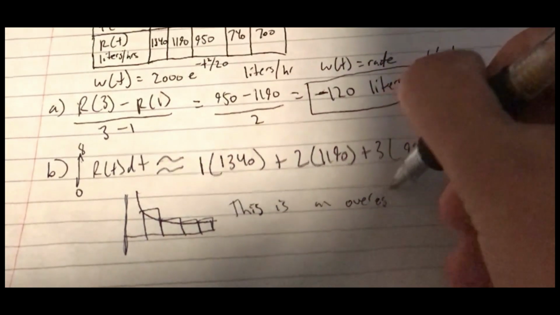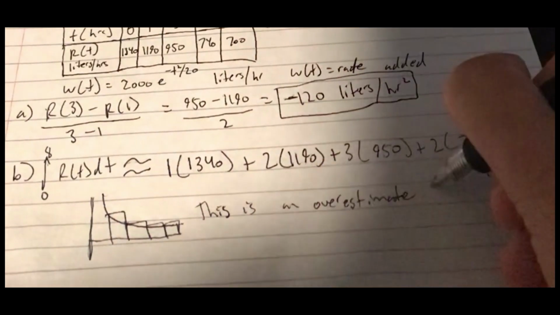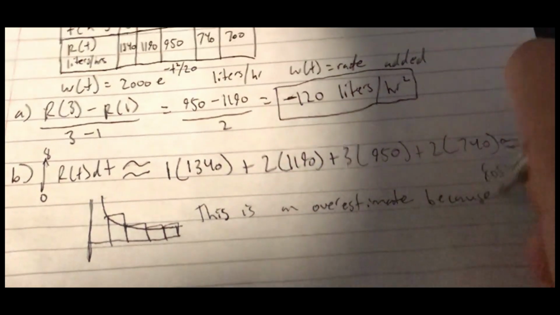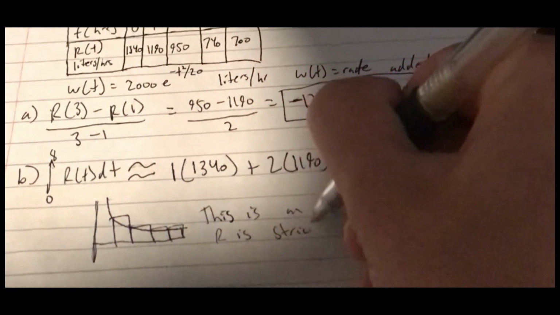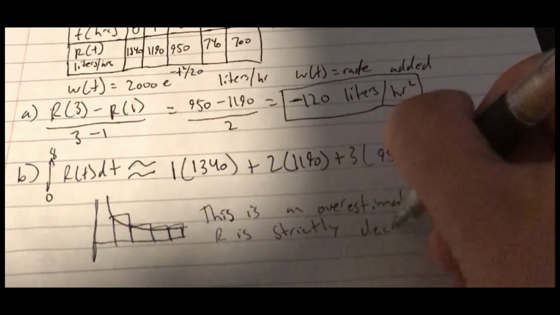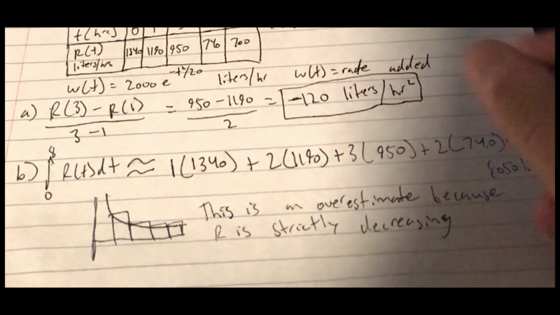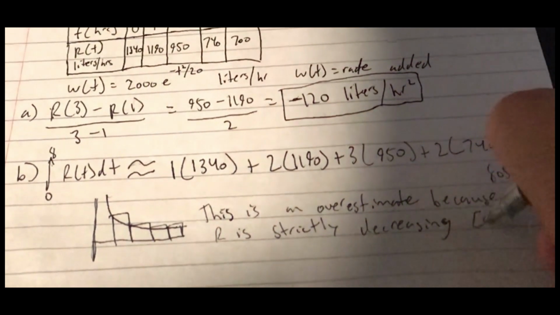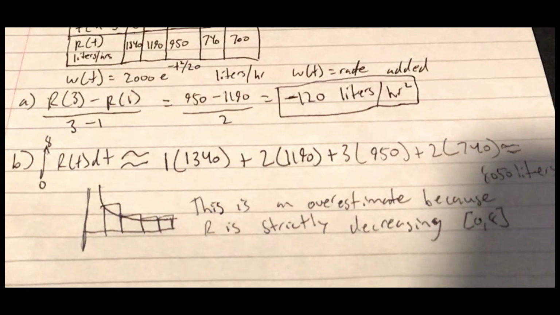An overestimate because the function is strictly decreasing from 0 to 8. Which it tells us in the question, by the way, and you can also see that from the table.